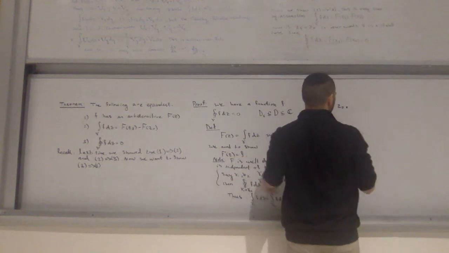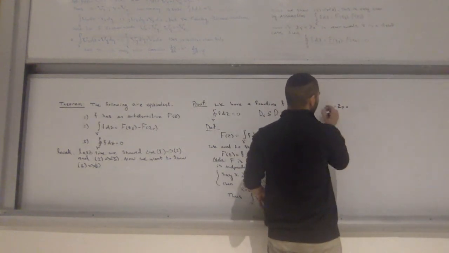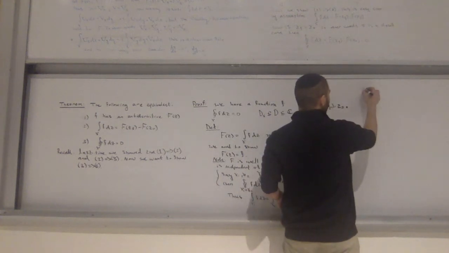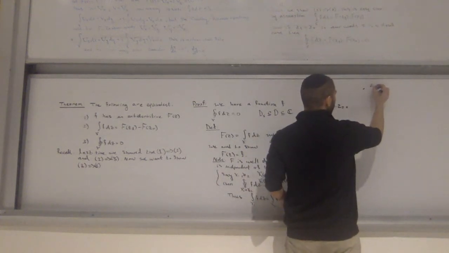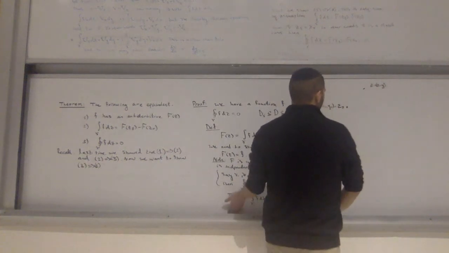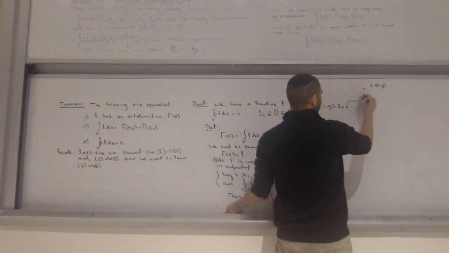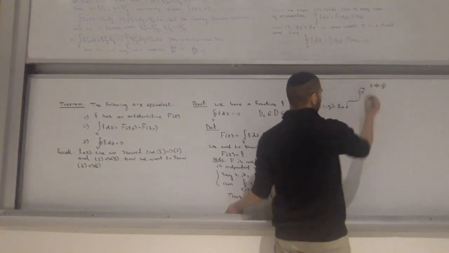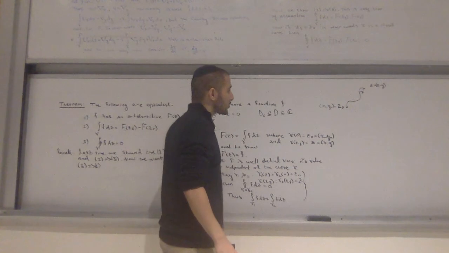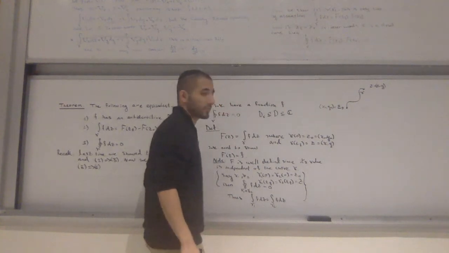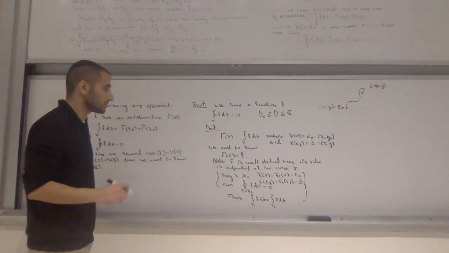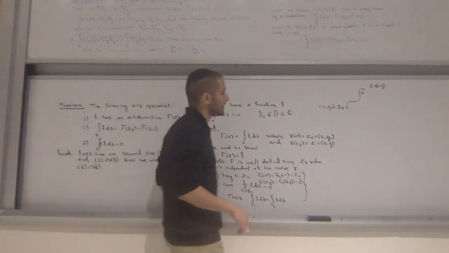So z0 equals x0, y0. Let this be the point z. Z equals x, y. And let this be our curve gamma. Now, since gamma is changing both in the x direction and the y direction, it's a little bit unclear what the derivative with respect to time is, or the derivative with respect to z.